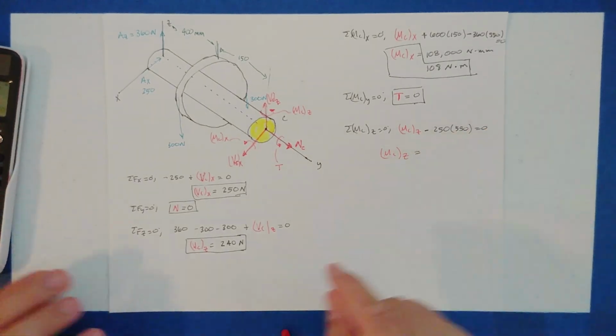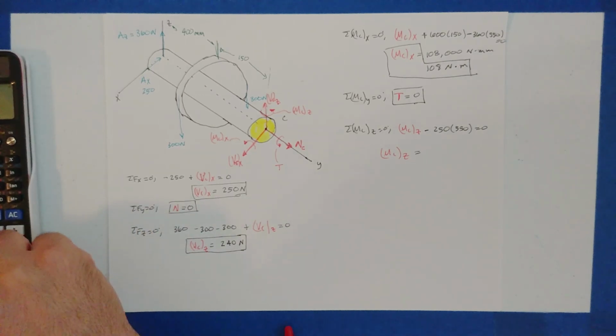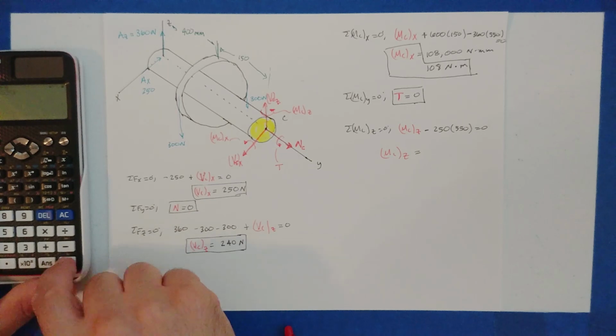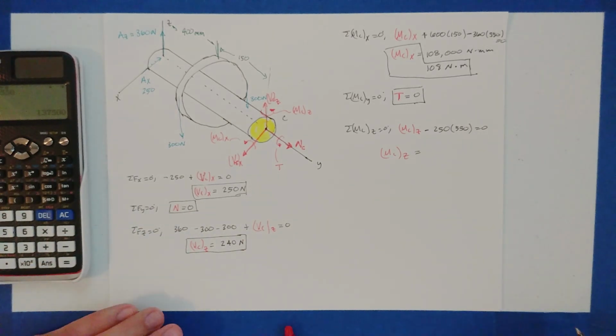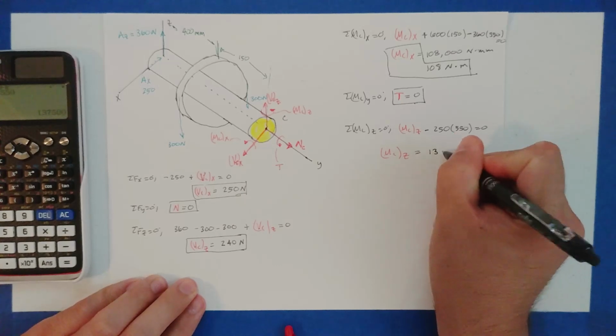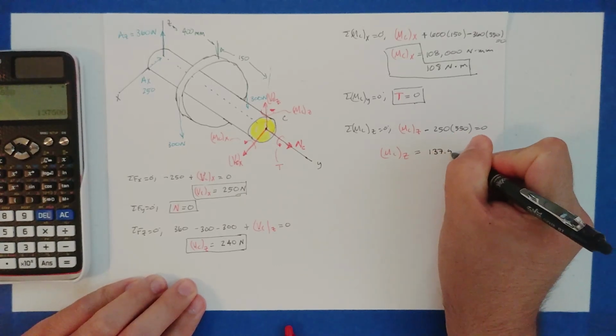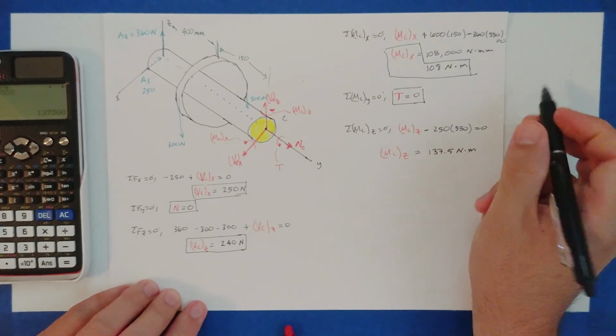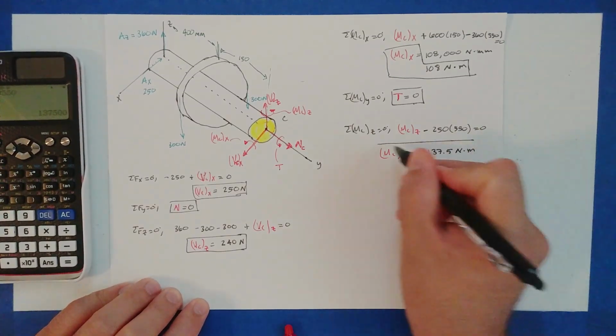We move this to the other side, it becomes positive. We have 250 times 550, which is 137,500. We'll move the decimal point, so we'll just call it 137.5 Newton meter. We can round that to 138.